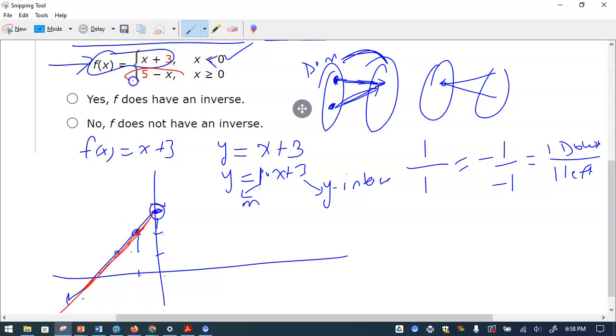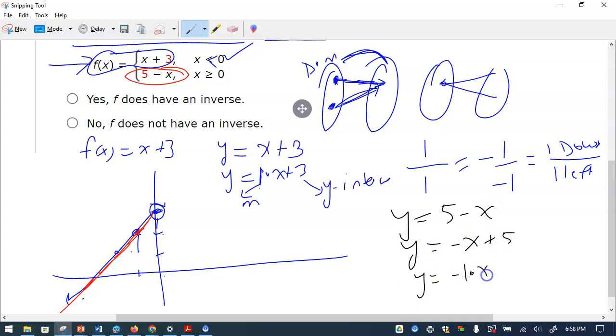What about the second one? Look at this 5 minus x. So if I write y equals 5 minus x, then this is same as writing y equals minus x plus 5. This is the same thing, minus 1 times x plus 5. So the slope is minus 1. And that's where you start, the 5. So where is the 5?